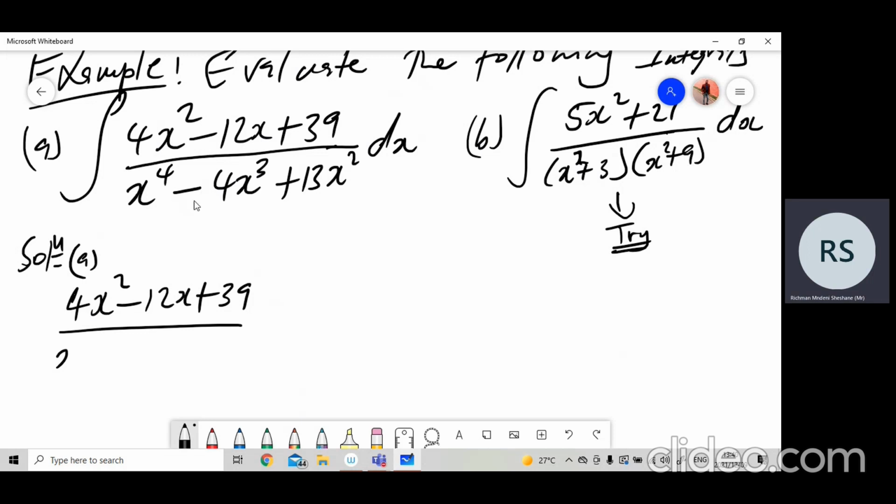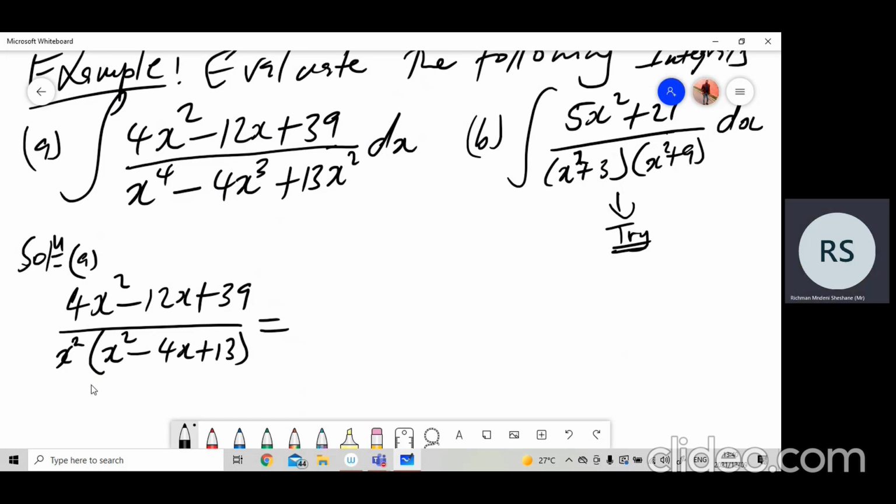So the first step of factorization is to look for a common factor. What is common in the denominator? You'll see it's x squared, over x squared minus 4x plus 13.